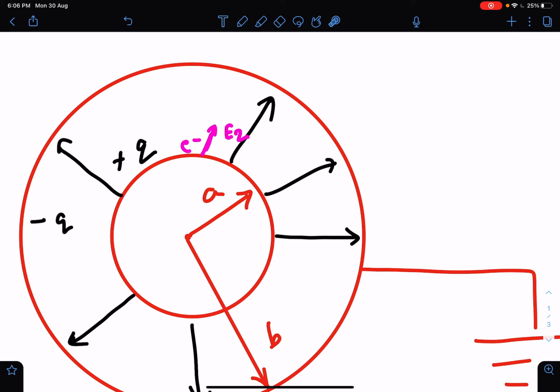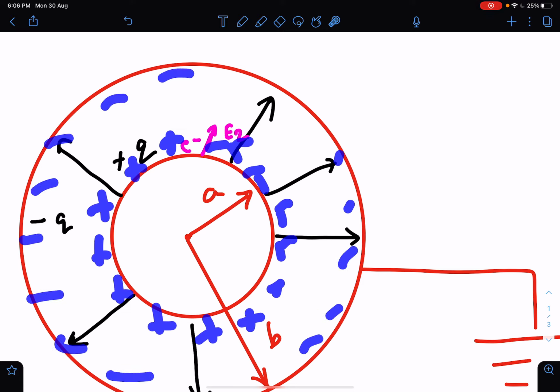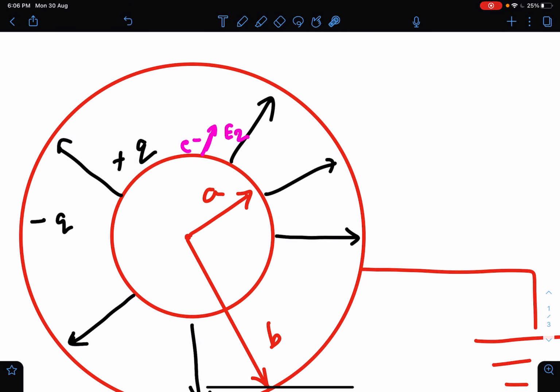Okay. Now, what if too many electrons have already come out? If already too many beta particles have been emitted, then there is a lot of positive charge it has gained, and there is a lot of negative charge has come, because of which a very strong electric field will be created, and this strong electric field will retard the electrons and try that electrons do not come to the outer sphere.